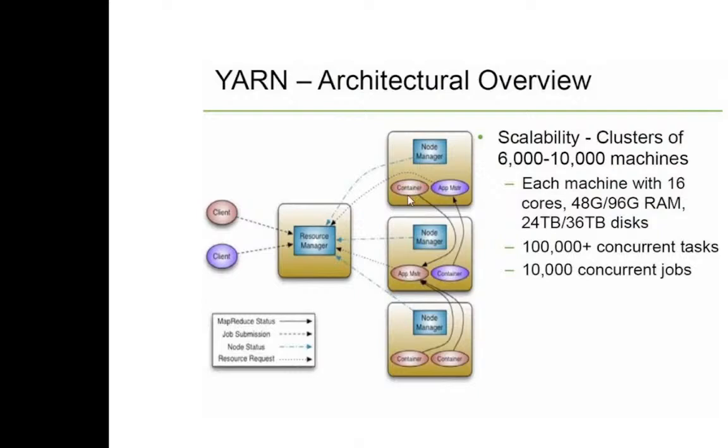Any task execution has to be reported back to the master, which is the application master. So you submitted a MapReduce job, you got a master for it, and that job has 5 tasks, or let's say 10 tasks. The status of those 10 tasks has to be communicated back to the master, saying what really happened to all the tasks that were started, right? So that's what is represented with this solid line.